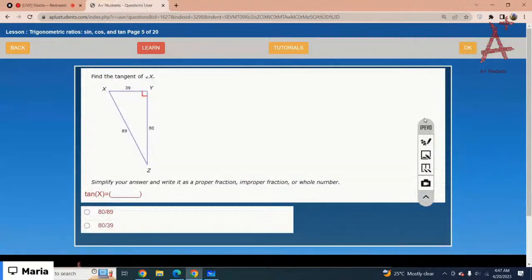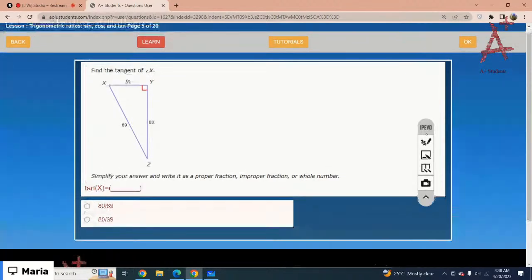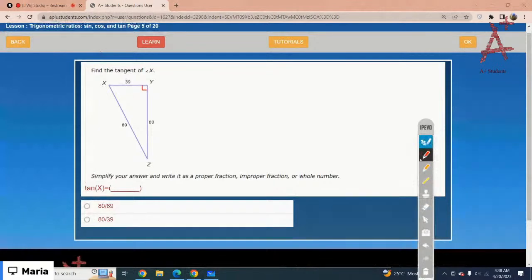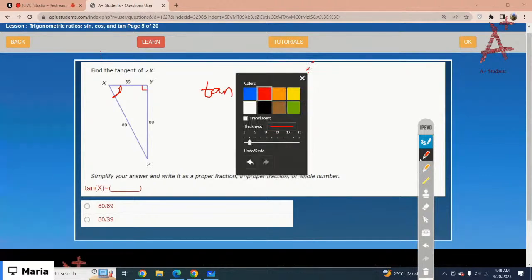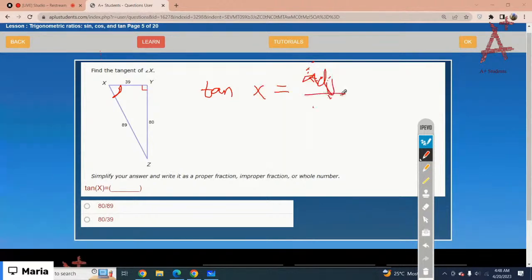The next one is find the tangent of angle X. Here is angle X. You need to calculate tan of angle X. Tan of angle X would be adjacent divided by the opposite.